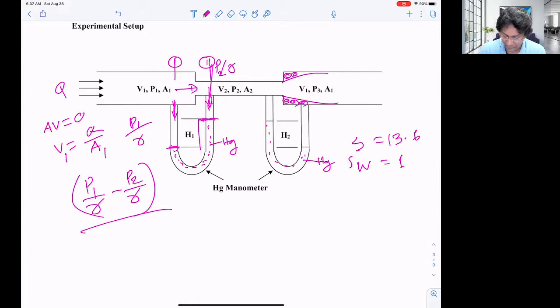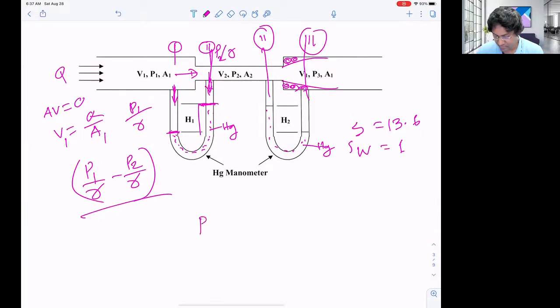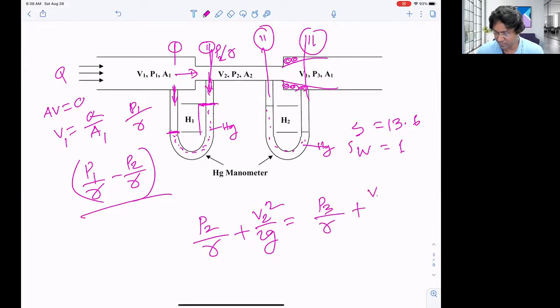Here it is the same section number 2, I'm assuming that's section number 2, and there we have the manometer, section number 3. So the same equation, P2 by gamma plus V2 squared by twice G is equal to P3 by gamma plus V3 squared by twice G. For this one it is the same, so we can write it that way, and the head loss will be due to sudden expansion.